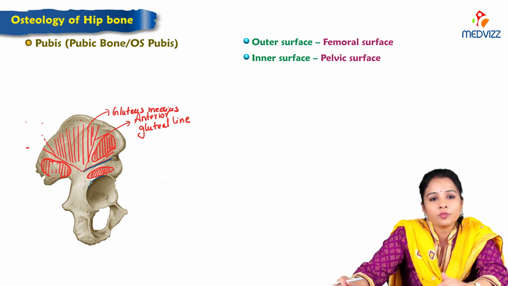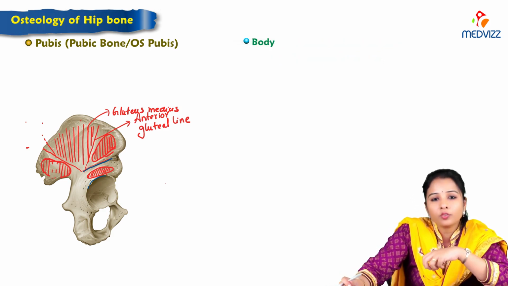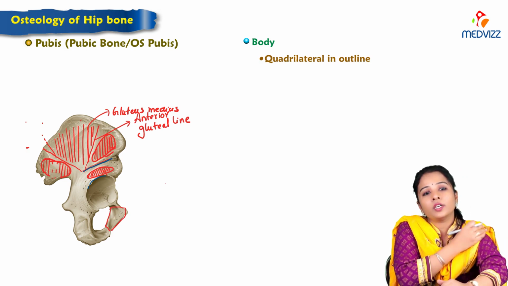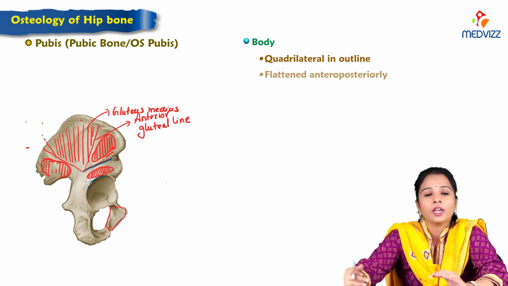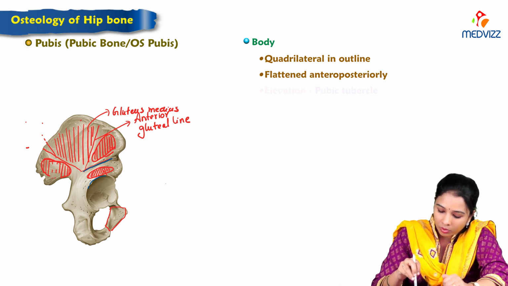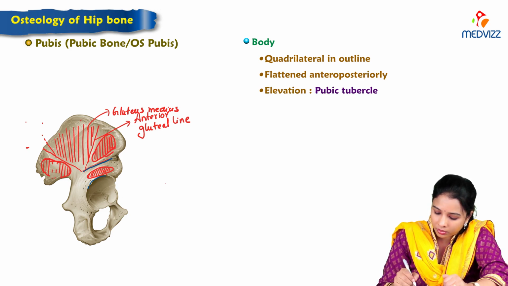The outer is the femoral surface and the inner is the pelvic surface. And the body of the pubis, if you see this part, it is quadrilateral. So this is quadrilateral in outline and flattened anteroposteriorly. And it has a medial-most elevation which is called the pubic tubercle. So this part is the pubic tubercle.